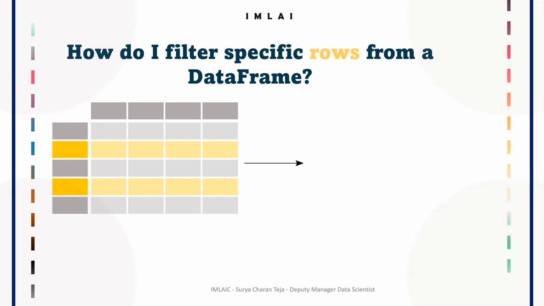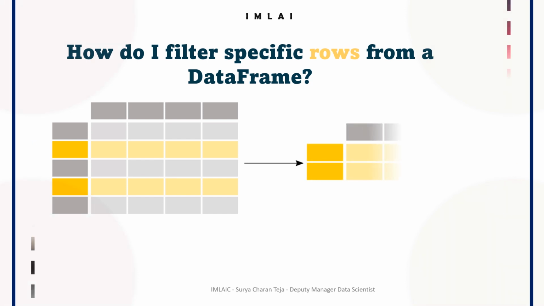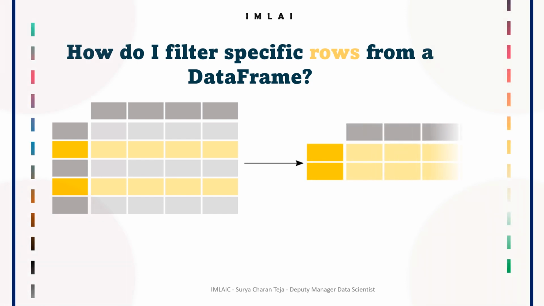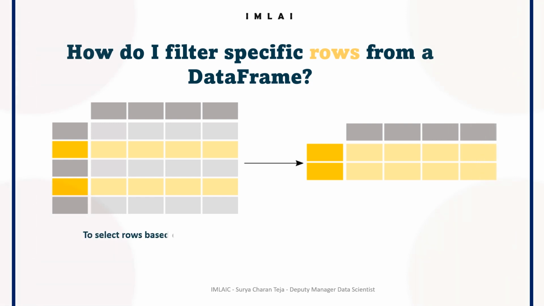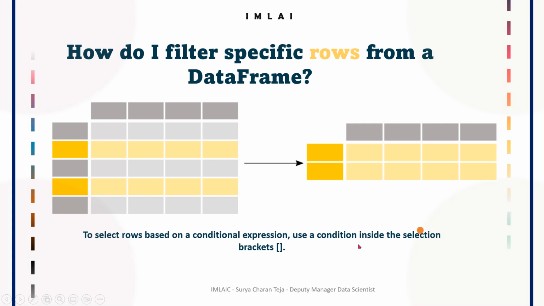Again, it's pretty simple. We have to filter out these rows using indexing, but with a condition. To select rows based on a conditional expression, use a condition inside the selection bracket. So that's what we are going to do. Let's get into the action.